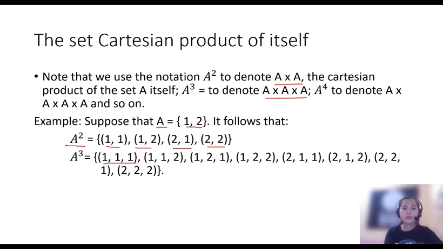We have 1, 1, 1, 1, 1, 2, and then 1, 2, 1, and then 1, 2, 2, 2, 1, 1, 2, 1, 2, 2, 2, 1, and 2, 2, 2. So, just examine the pattern na nangyayari, no? So, same lang din sa a raised to 4. So, 4 na elements inside the open close parentheses. And again, follow the pattern on how to find the Cartesian product of the set.